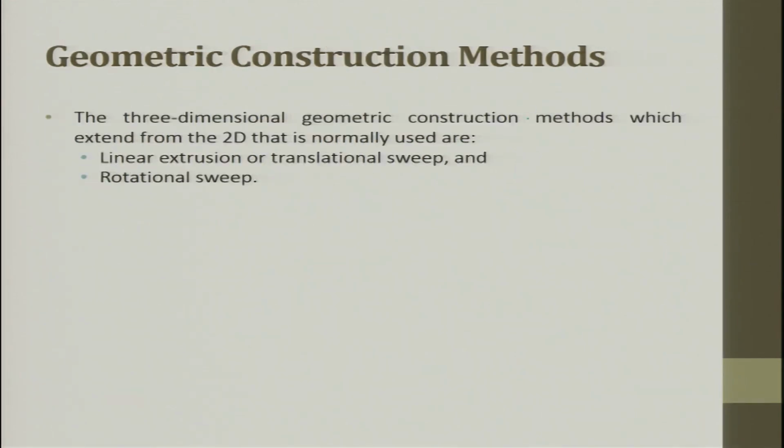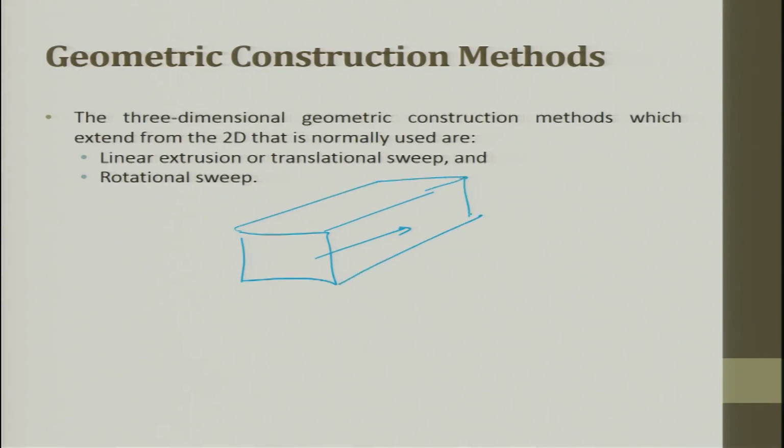The three-dimensional geometric construction methods which extend from 2D and are normally used are linear extrusion and translation or sweep. What we are trying to say is, suppose I draw a square and then say please extrude the square along this line. Now you get a channel.